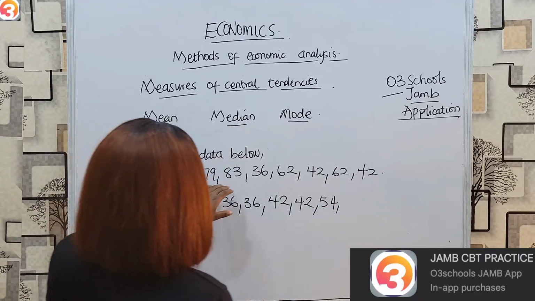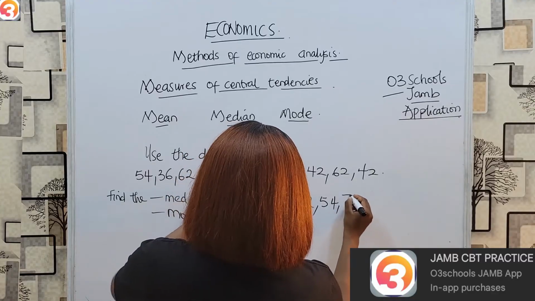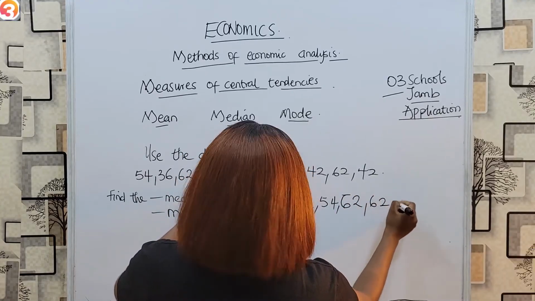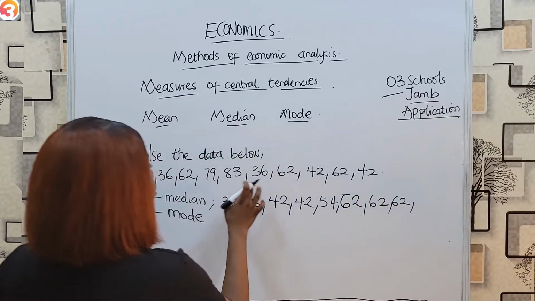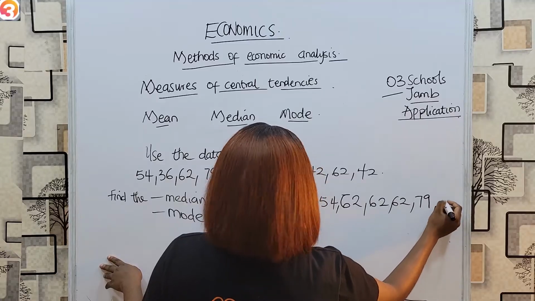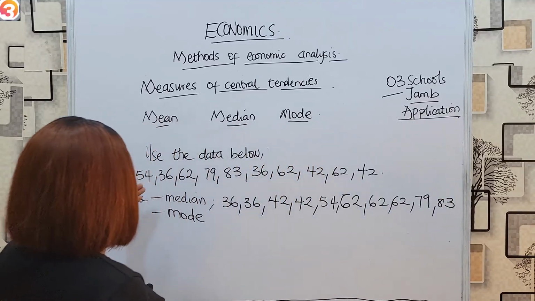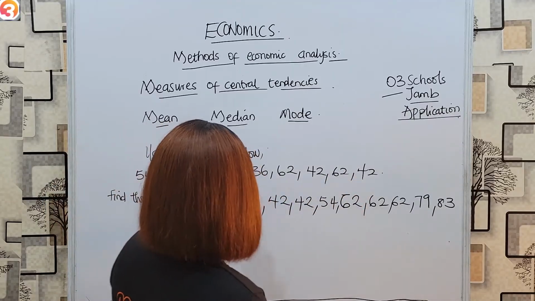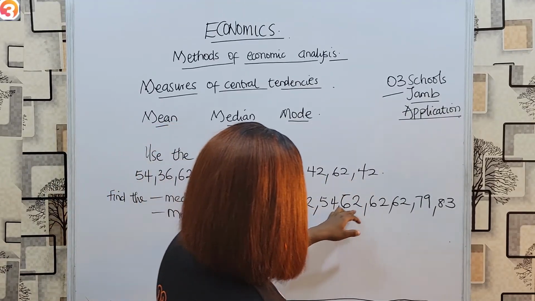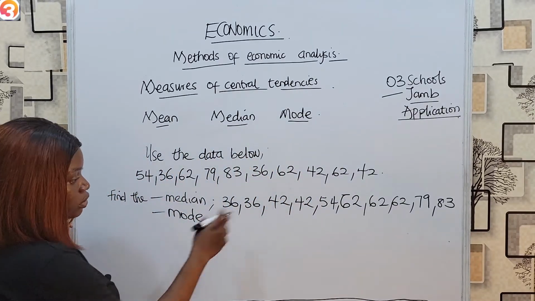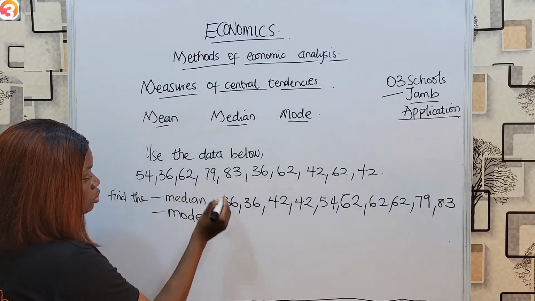Sorry, we have 62, which appears 3 times. Then we have 79, and then 83. Let's count: 1, 2, 3, 4, 5, 6, 7, 8, 9, 10. So we're very correct with our representation.